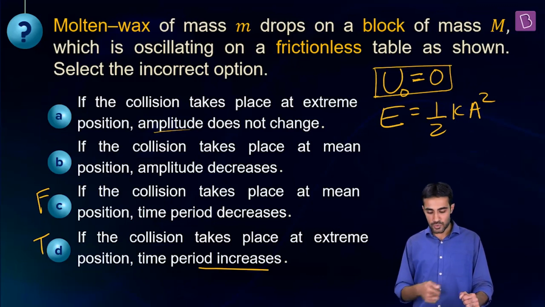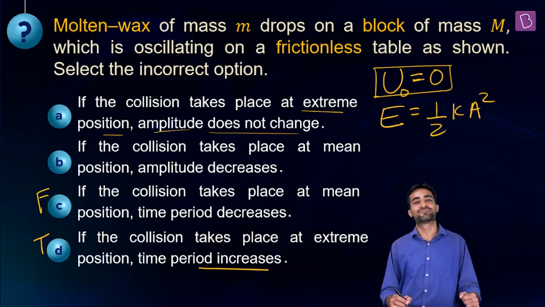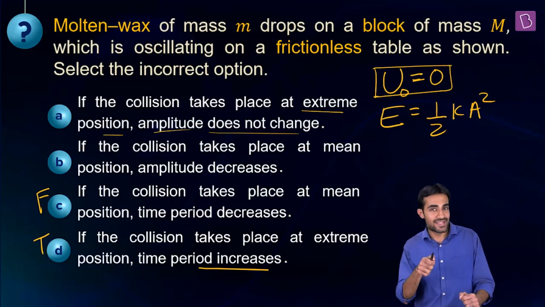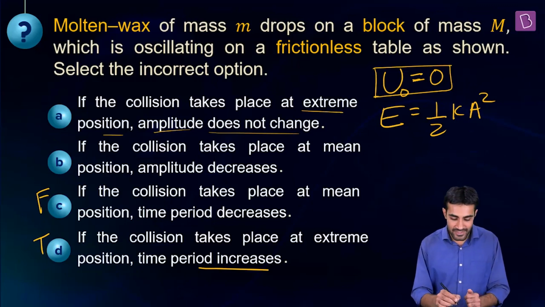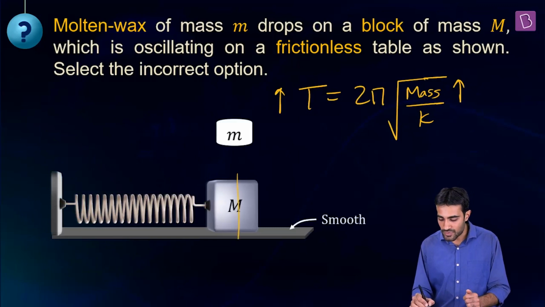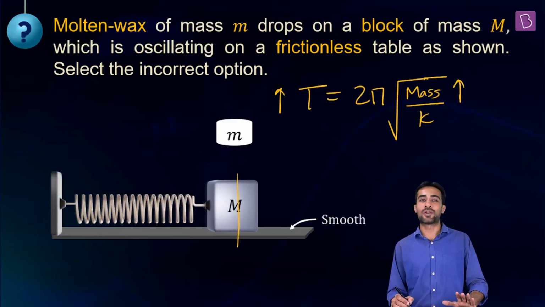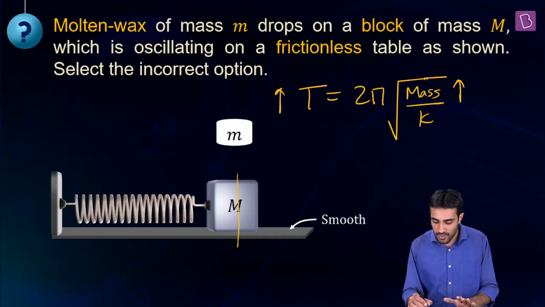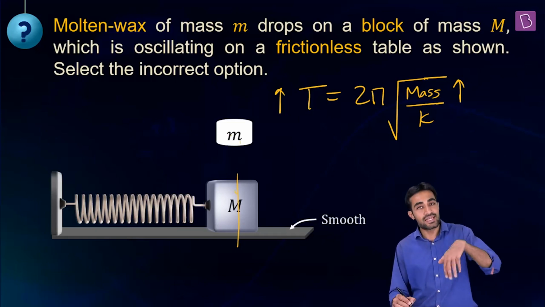Option A says if the collision takes place at the extreme position, amplitude does not change. So if we drop wax at the extreme position, are we changing the energy? This object reaches the extreme position. What is the velocity at the extreme position? Velocity is 0. So just before the collision takes place, velocity is 0, and just after the collision, velocity is again 0.